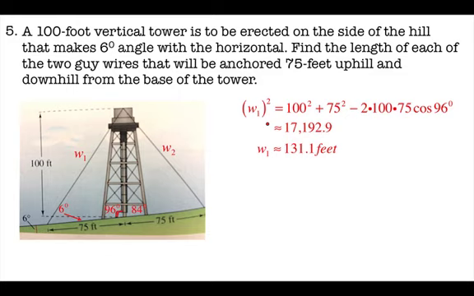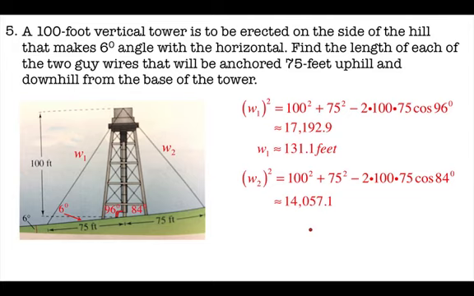And this is what I get: 131.1 feet. And in the same manner, I'm going to find W sub 2. I'm going to be using different values, but you should be able to follow where they come from. Going kind of fast here. And then at the end, this is the length of wire 2, 118.6 feet. And notice it makes sense that this is shorter than the first wire.